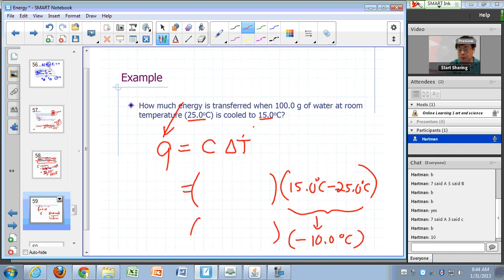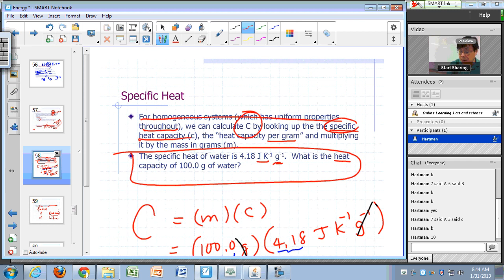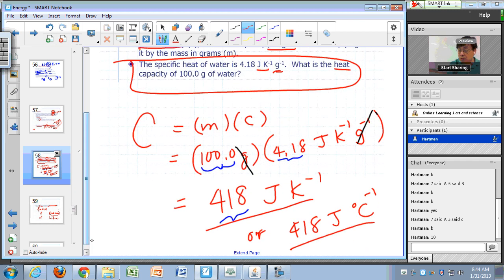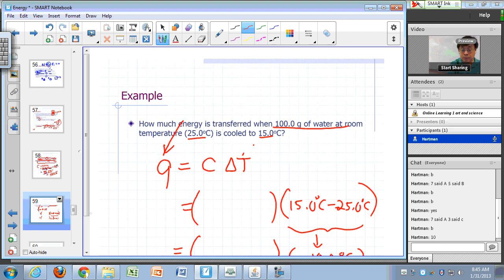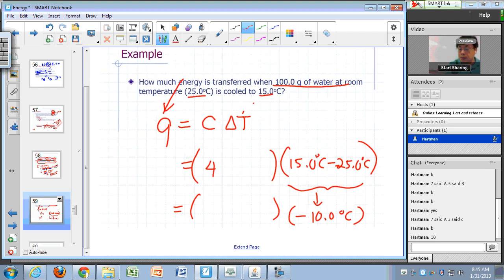What is our heat capacity? For 100 grams of water, we figured that out in an earlier slide. The heat capacity we figured was 418, mass times specific heat. So 418 joules per Kelvin. So heat capacity is 418 joules per degree Celsius or per Kelvin, either one. So degrees Celsius will cancel out.